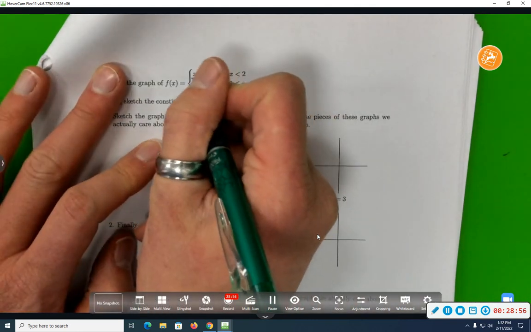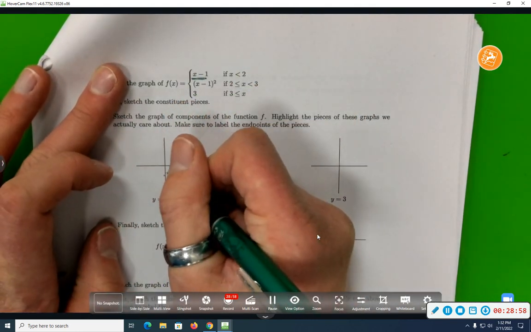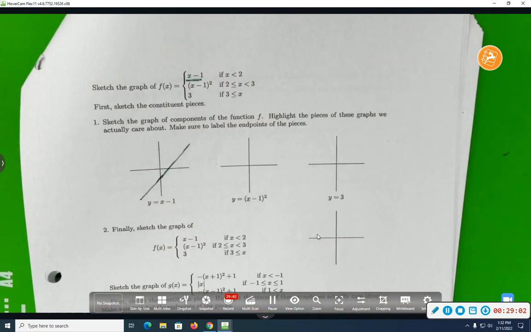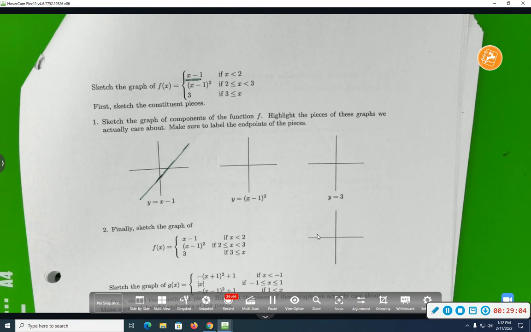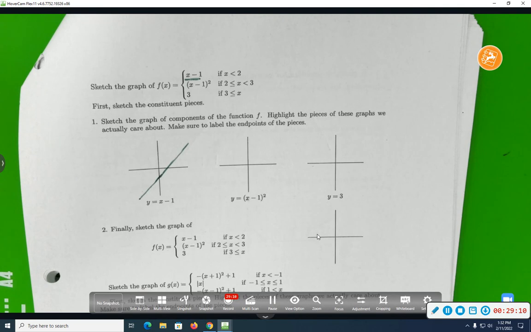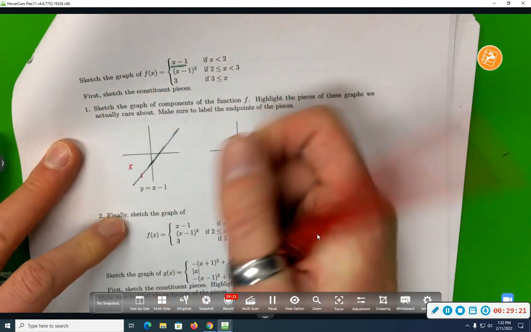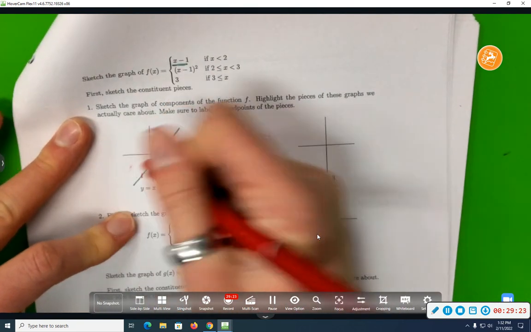So, color code, it looks something like that. And maybe we'll even go ahead and highlight where I care about that function. What inputs do I care about for that function? X is less than 2. So if about there is x, oh, x is less than 2, not negative 2.